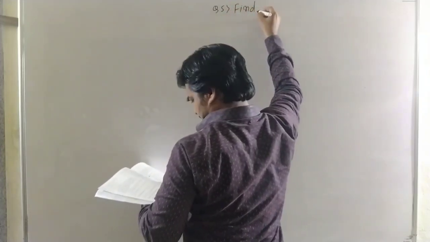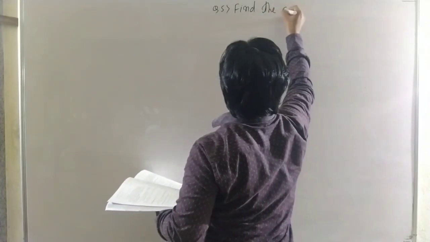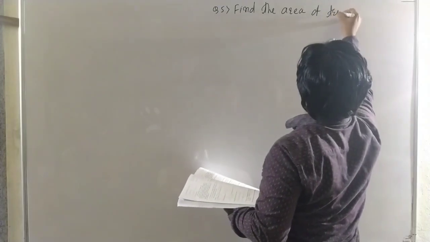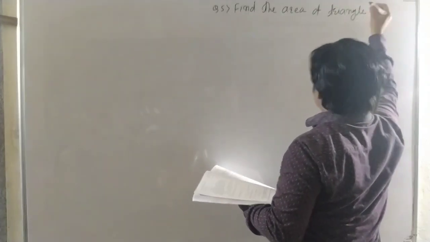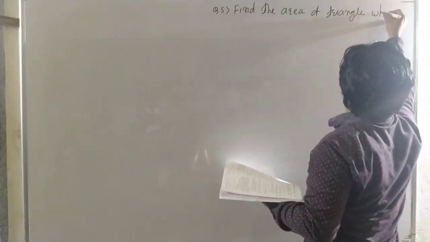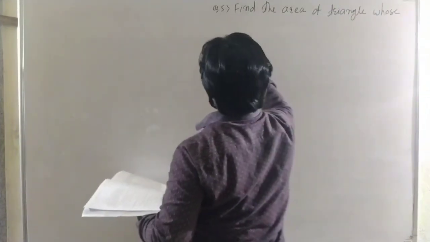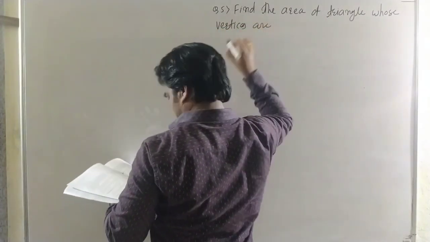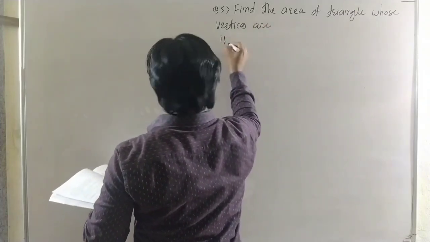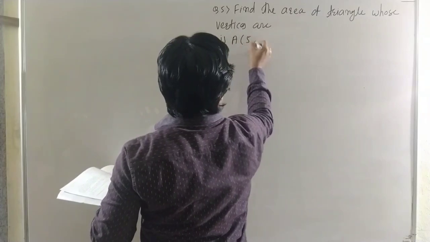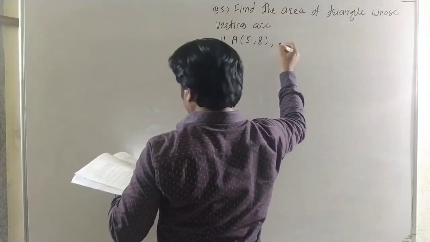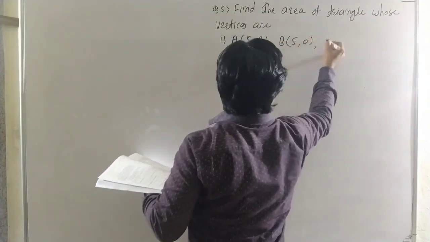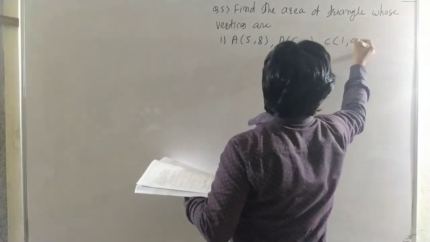Find the area of the triangle whose vertices are: number 1, A (5, 8), B (5, 0) and C (1, 0).